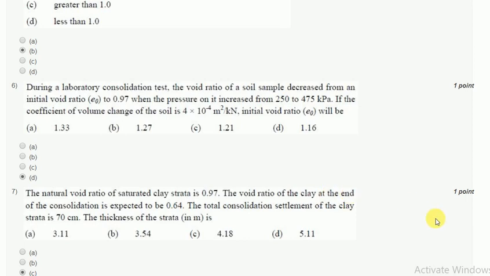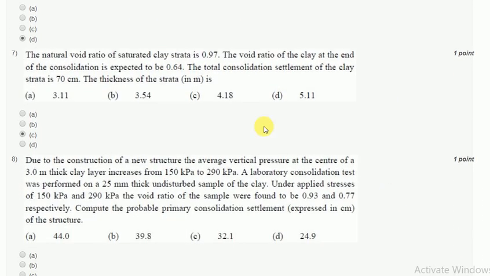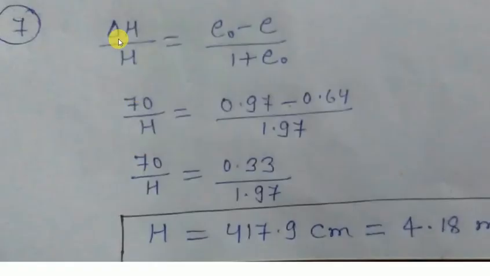Now move to question number 7. In this question, we have to find the total consolidation settlement of a clay stratum, which is 70 centimeter. Then we have to find the thickness of the stratum in meter. So let's see the solution for this question. The formula used here is delta H by H is equal to e0 minus e by 1 plus e0.